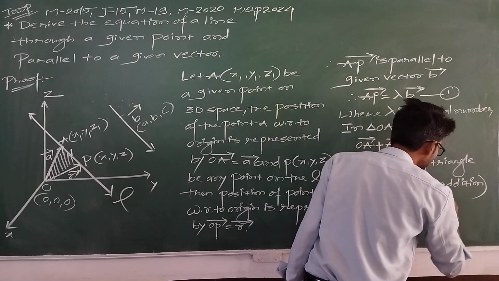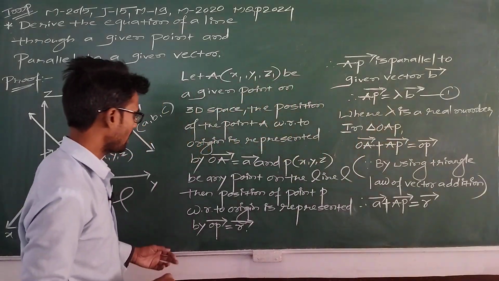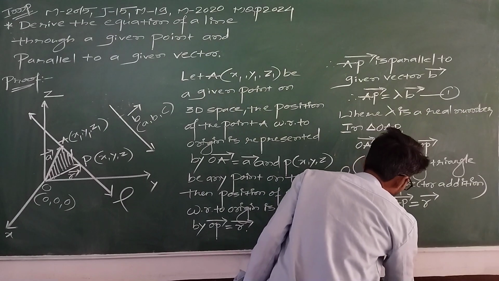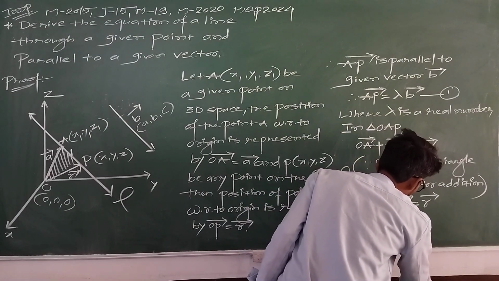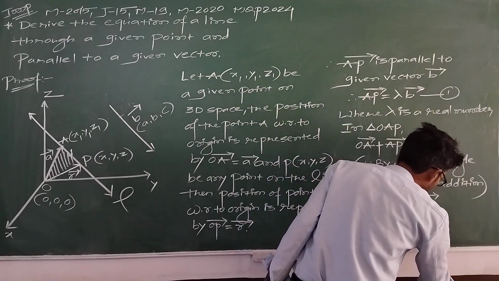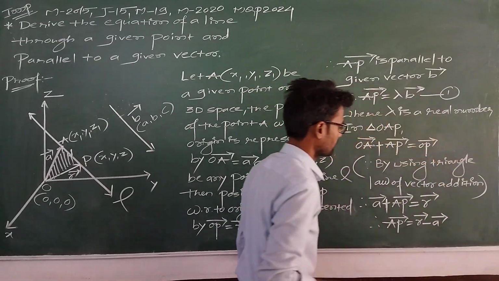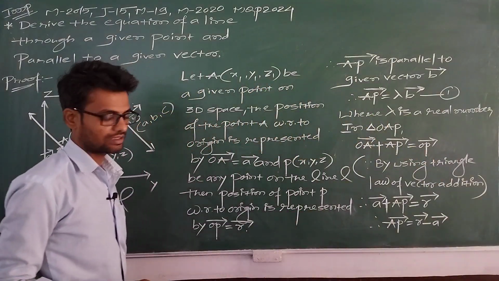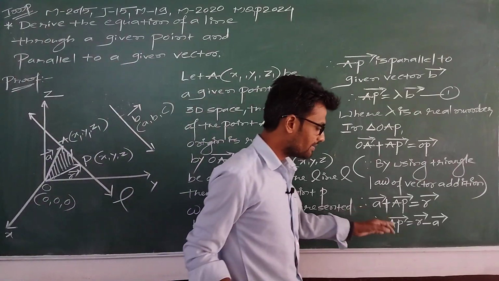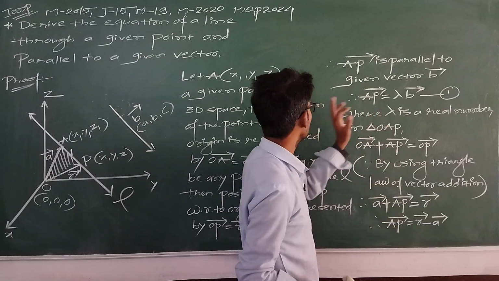OP vector is R vector. So AP vector plus A vector is equal to R vector. You take A vector to this side, it becomes minus A vector. So the value of AP vector is equal to R vector minus A vector. This value of AP vector you substitute in equation 1.